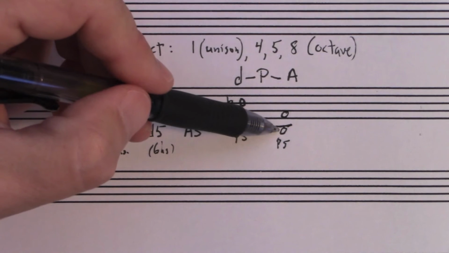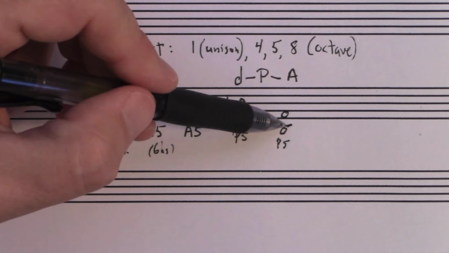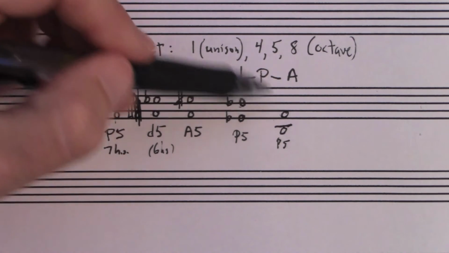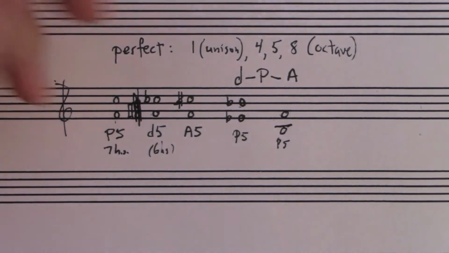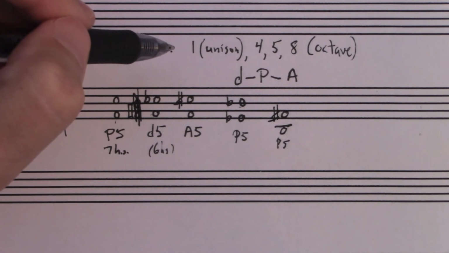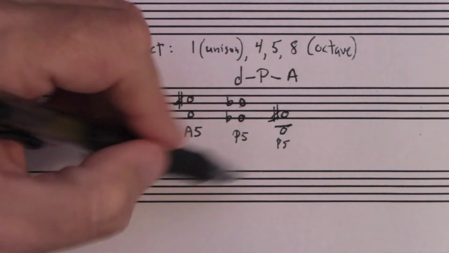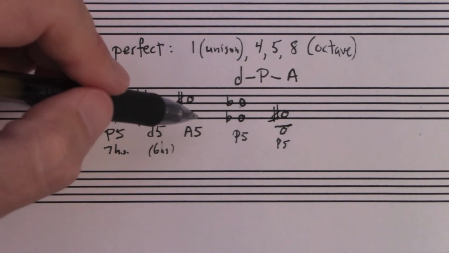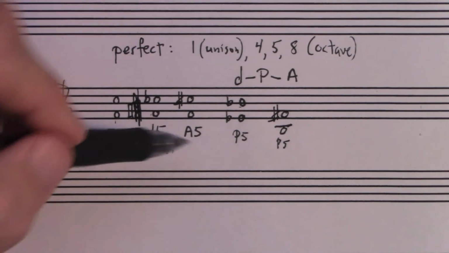B to C is 1, C sharp is 2, D is 3, D sharp is 4, E is 5, F is 6. We need 7, so we raise that. Okay? So that's the basic drill for perfect intervals.